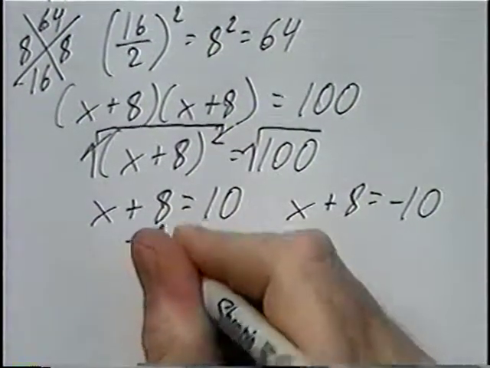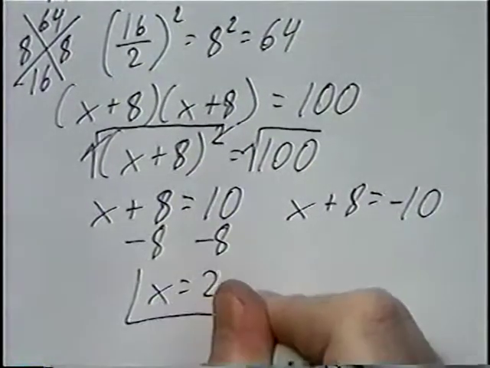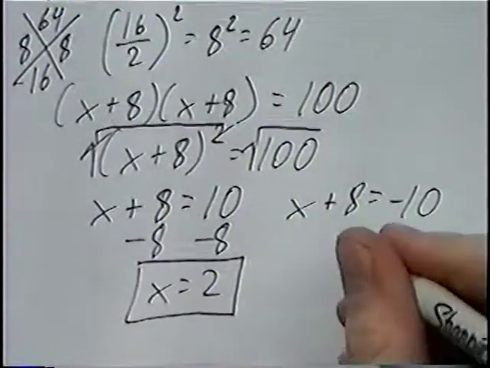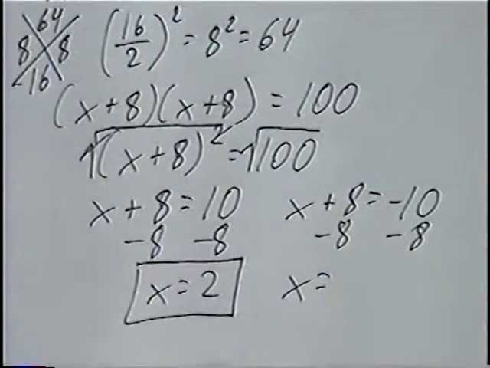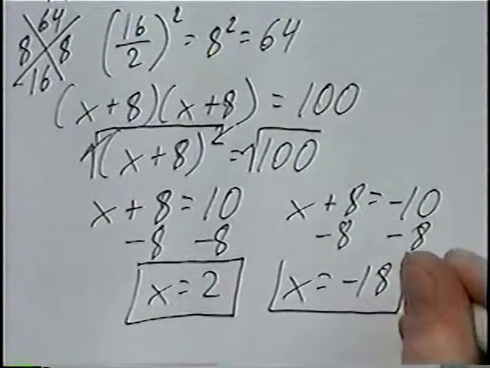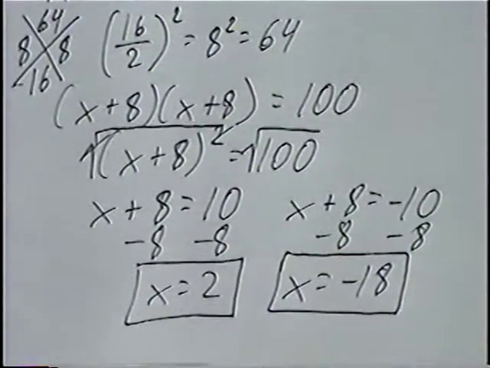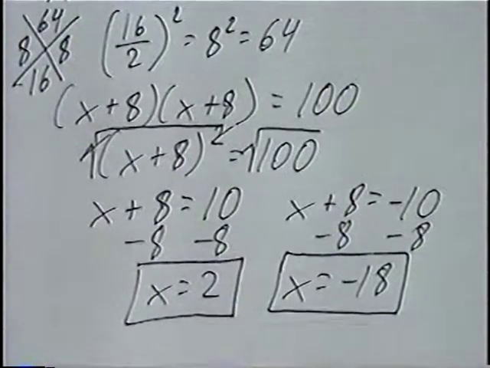Solving from here, we subtract 8 on both sides. Our first answer is x equals 2, and the second, subtracting 8 on both sides, is x equals negative 18. So the two values for the original equation are x equals 2 and x equals negative 18.